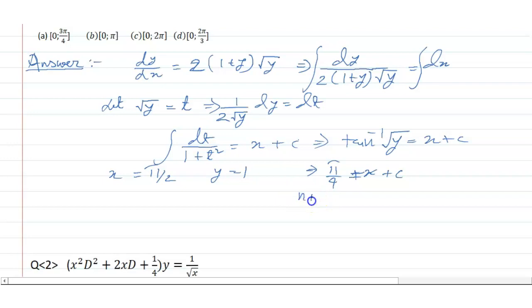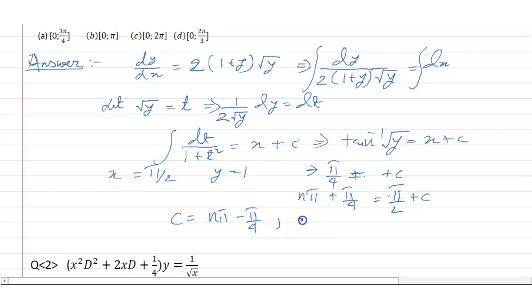It can be written this way: nπ + π/4 equals x + c, and here x is equal to π/2. So putting this value π/2, the value of c is equal to nπ - π/4.